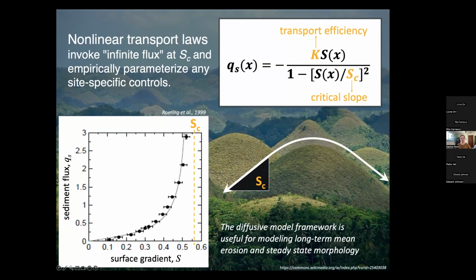This approach is really useful for modeling long-term mean erosion and steady state morphology. We can calibrate this term, transport efficiency, which is similar to the diffusivity in the previous equation, using long-term erosion rates. And it does a decent job for these steady state long-term problems.